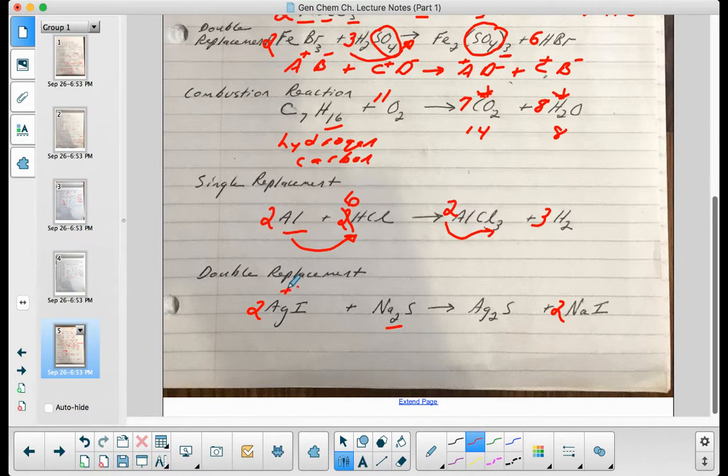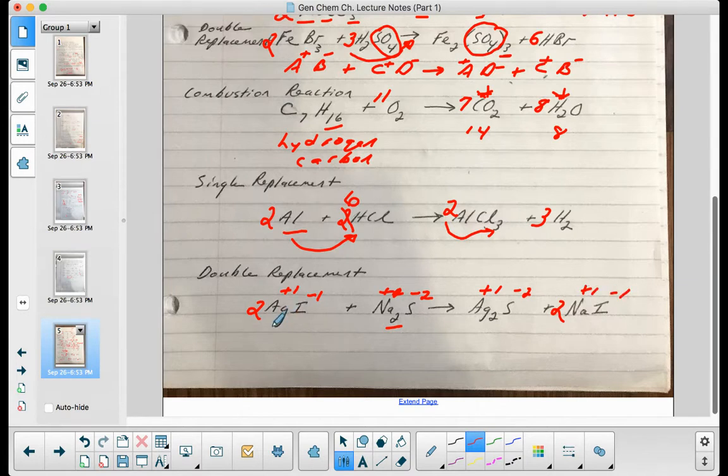I have a positive Ag, positive 1, negative iodide, positive sodium, negative sulfide. Sorry, that sodium's a +1. Negative sulfide, -2. And here a +1 and a -2. Here a +1 and a -1.